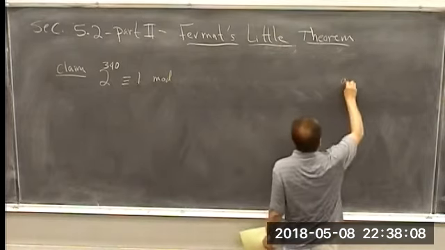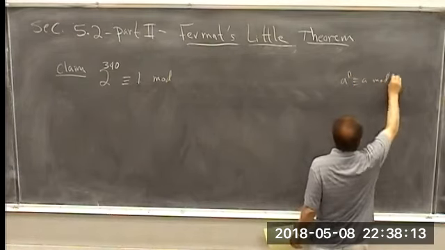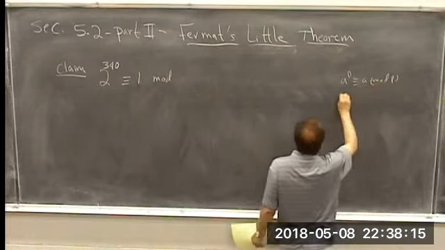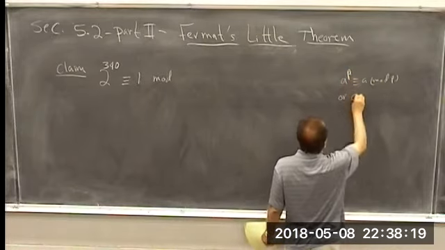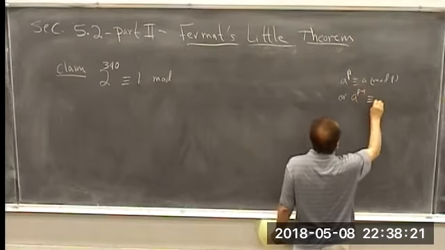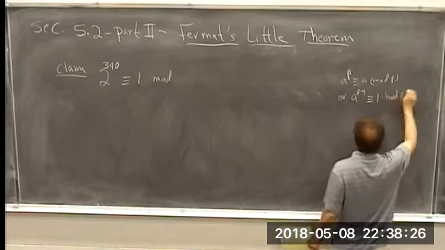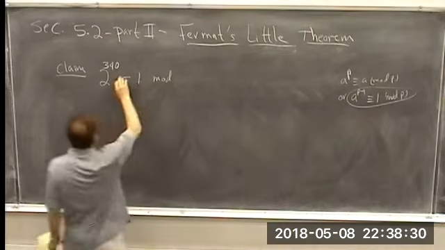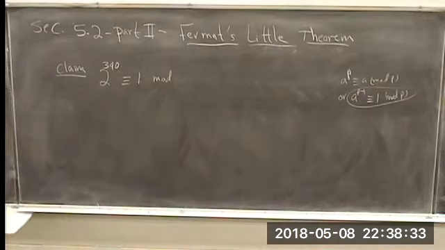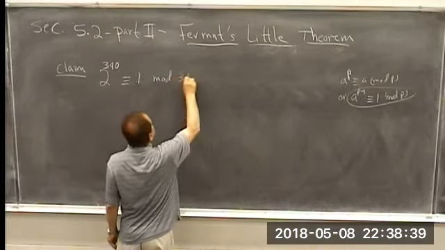Remember that we have a to the p is congruent to a mod p. Or if a is relatively prime to p, then we can say a to the p minus 1 is congruent to 1 mod p. I'm going to choose the second one because 341 is relatively prime, of course, to 2. It's not an even number. So we're going to show this for 341.